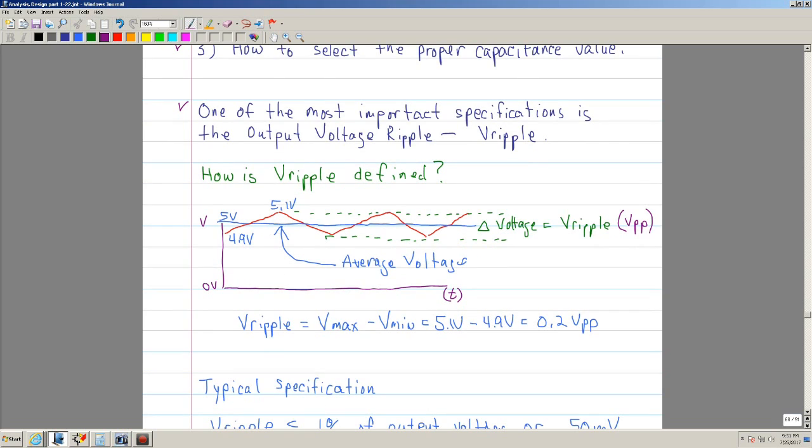Well, let's say you have a power supply, and I'm just going to model it as a voltage source.